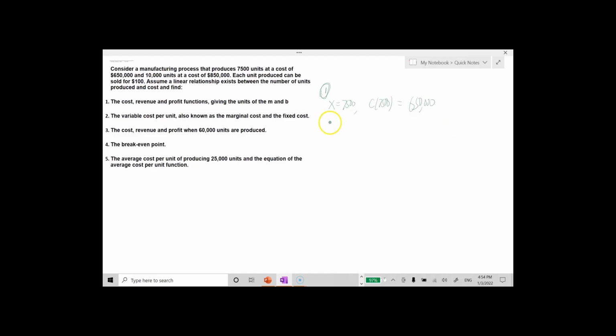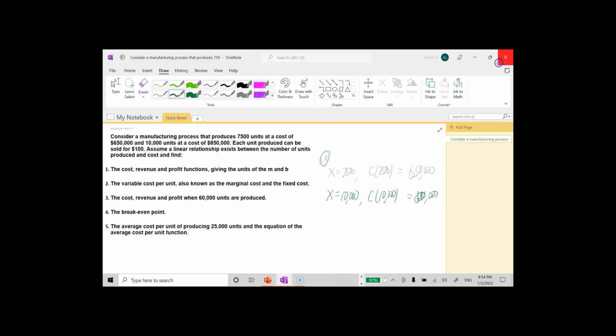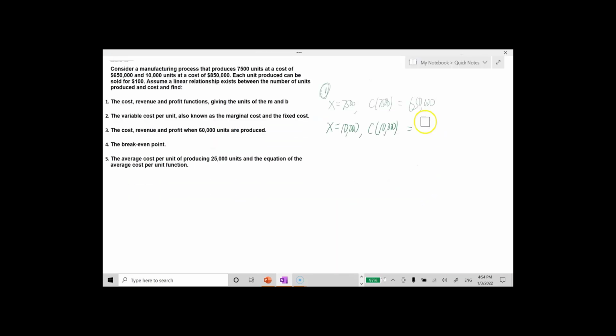And the second condition is when the total units equal 10,000 units. Total cost for producing 10,000 units is $850,000. So basically, knowing two given conditions, find out the cost function from there.